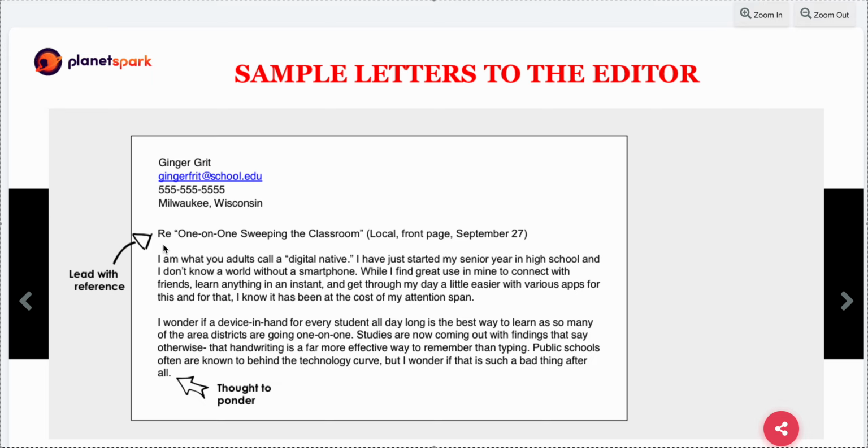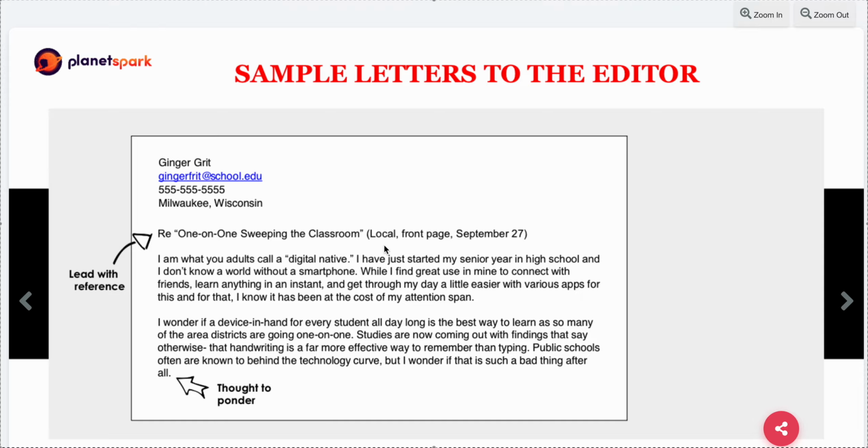That means it's a response. RE means response. And what is the topic name or article name? It's written one-on-one sweeping the classroom. Okay. And within bracket what is given? Local front page September 27. What do you understand by this?